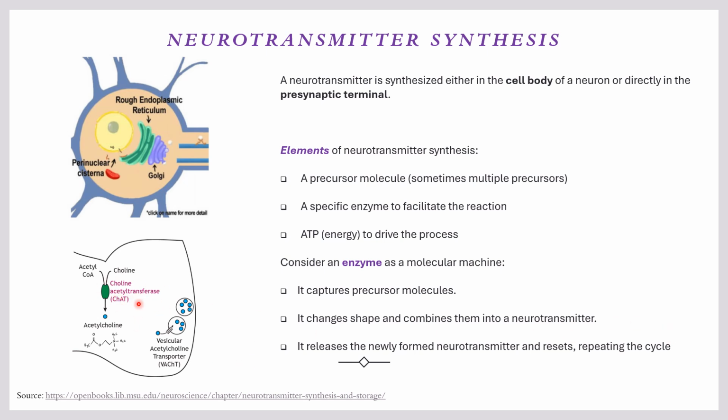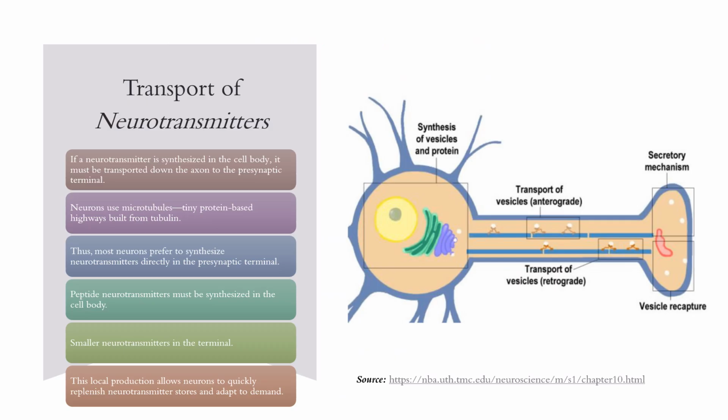The acetylcholine will be packed in vesicles for storage in the terminal, via the vesicular acetylcholine transporter. So as we can see, there are two places where the neurotransmitter is produced.